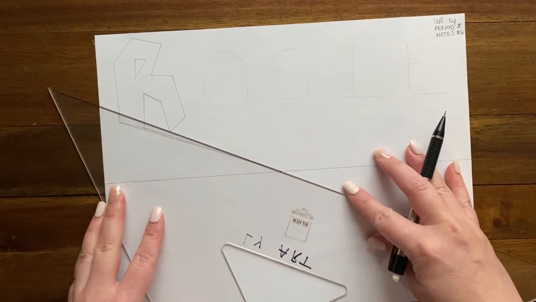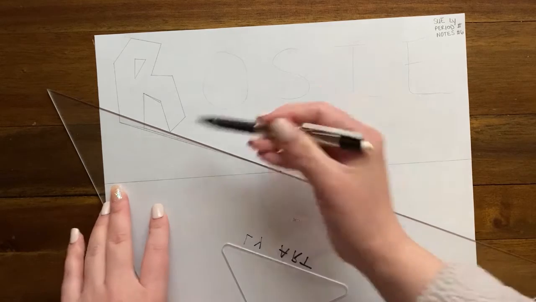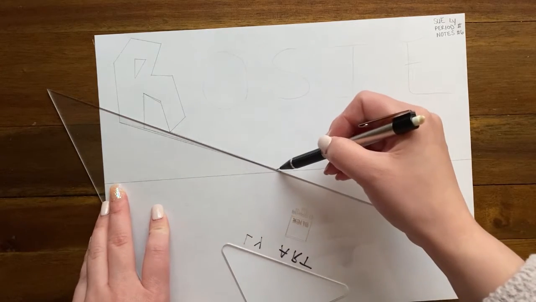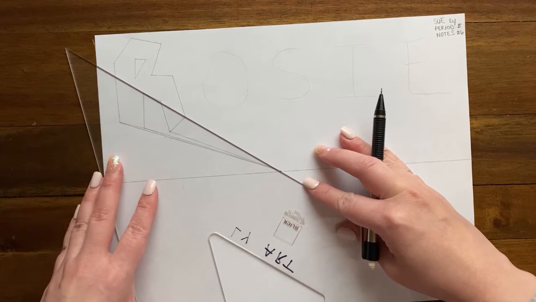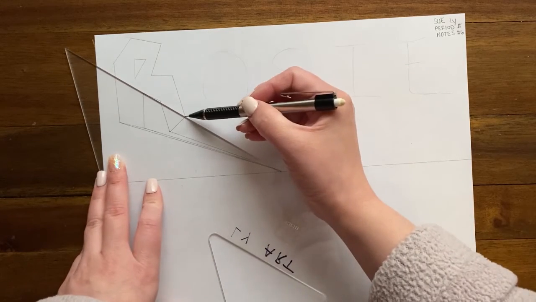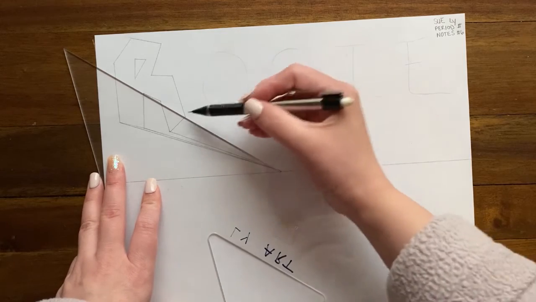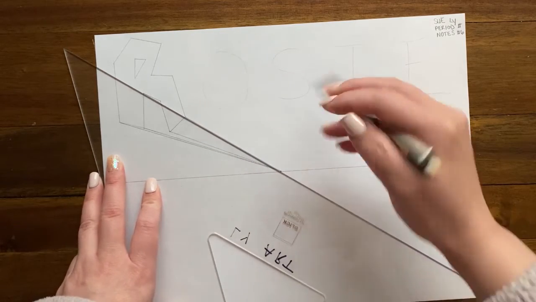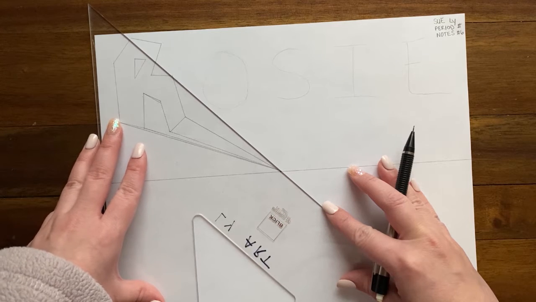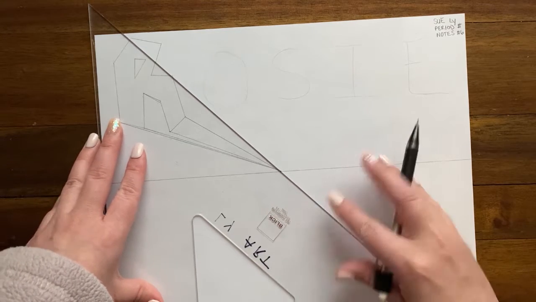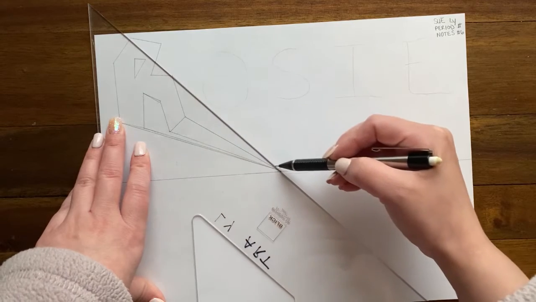And I specifically chose this name because a lot of you have these same exact letters in your name. So I tried to get all the hard ones. And definitely take your time, draw nice and light. And I'm just going all the way around my irregular shape and taking every point to the vanishing point.